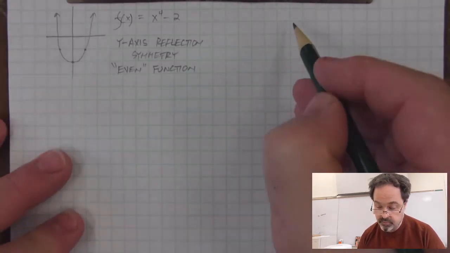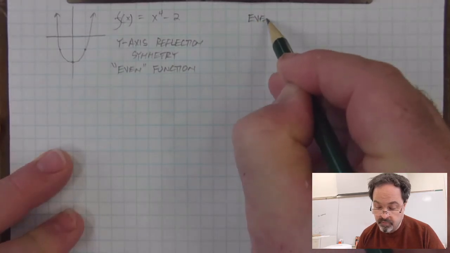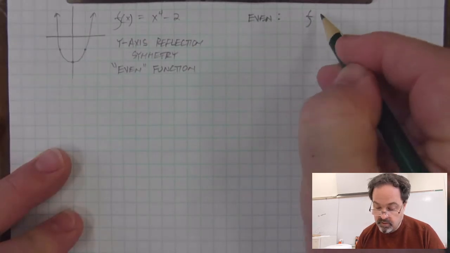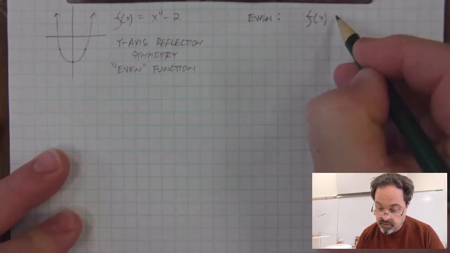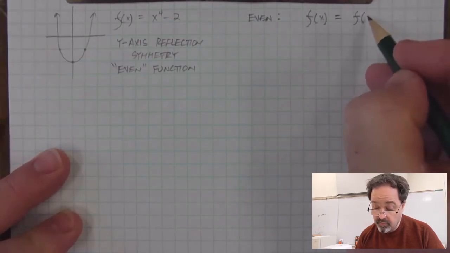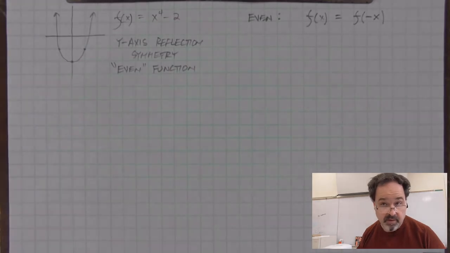Well, we look to the algebra of transformations. What it means to be even is if we can take a function and show that it's equal to itself after a y-axis reflection transformation, which means making x negative or the horizontal variable negative, then we can say that it's even or prove it.